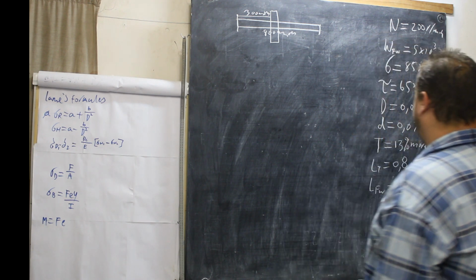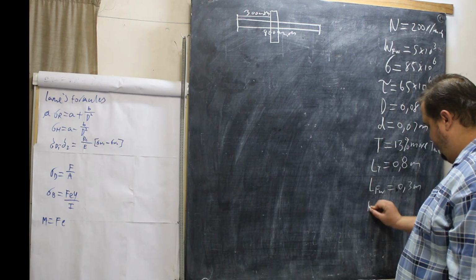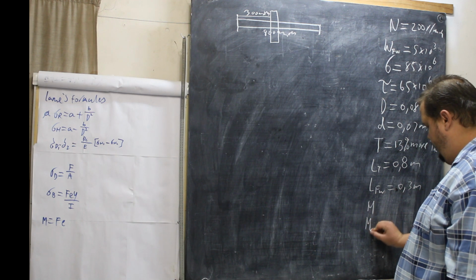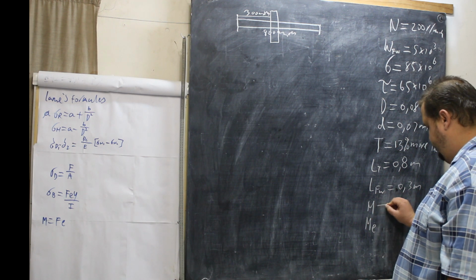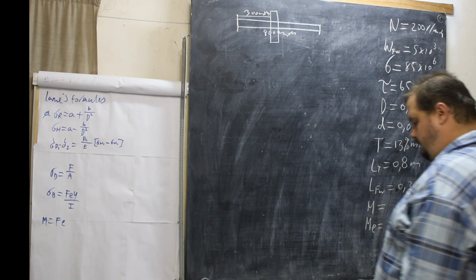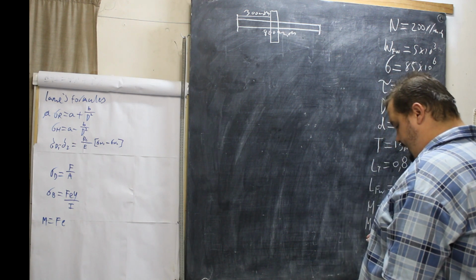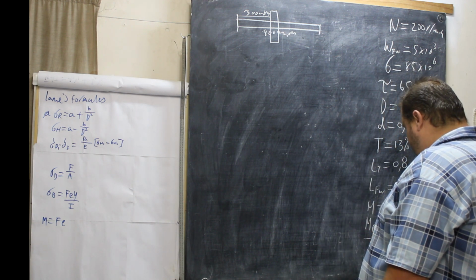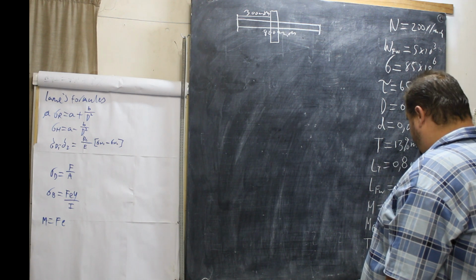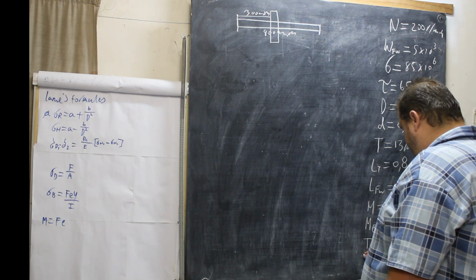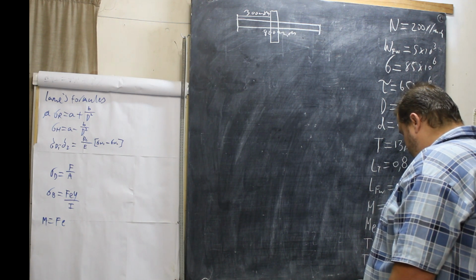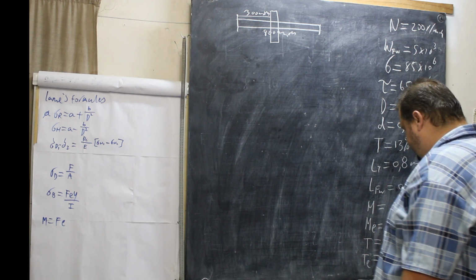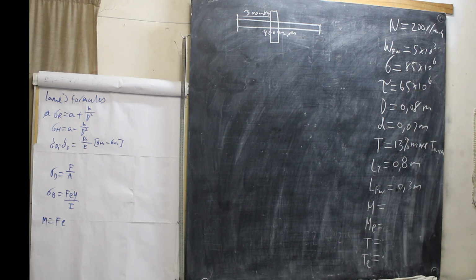So now what we'll need is to calculate M, T, and ME. We'll need to calculate the bending moment, the torque, and the equivalent moment. That is what we'll need to calculate to get everything that we need.